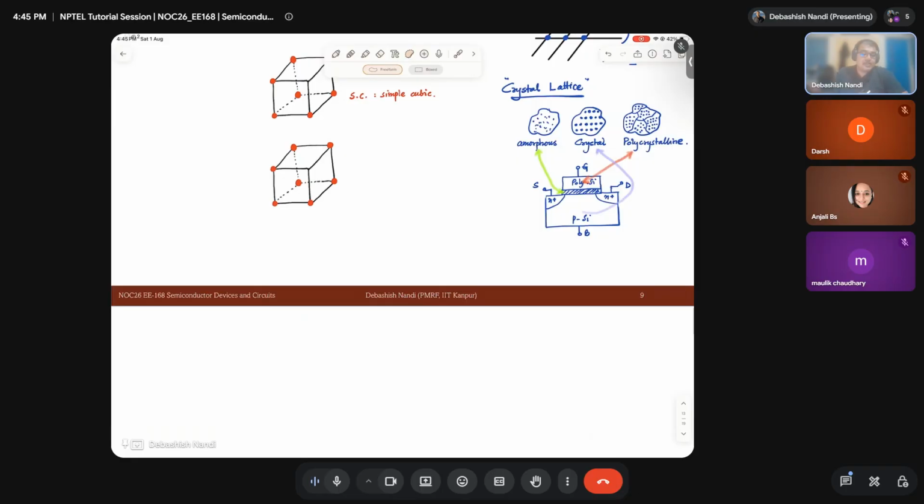So there are other possibilities that apart from this, there are atoms sitting at the center of faces as well. Okay, so how many faces are there in a cube? Six faces, right? So there will be additional six atoms.